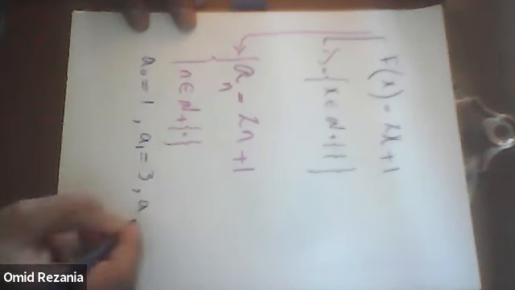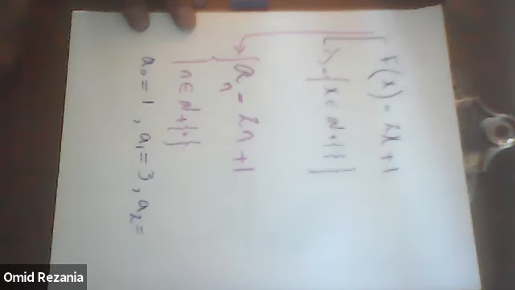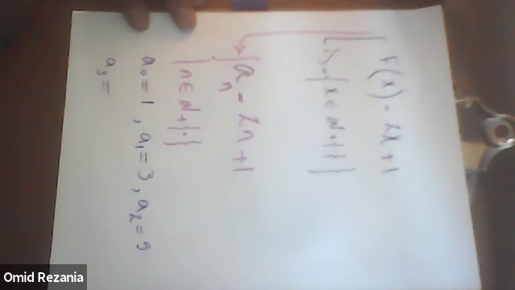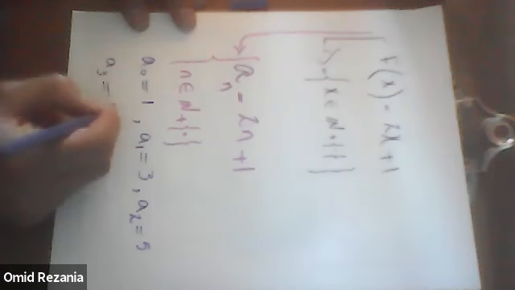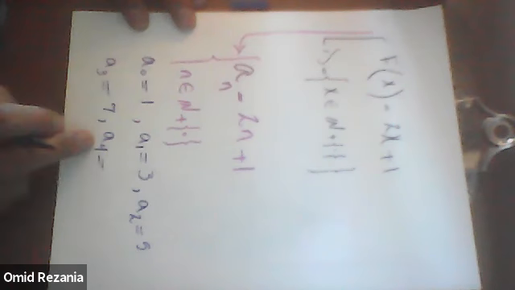If I put A2, I put 2 instead of n, and it becomes 5. A3 becomes 7. And A4 means you put 4 inside of n, and it becomes 9. And it goes on with any number.